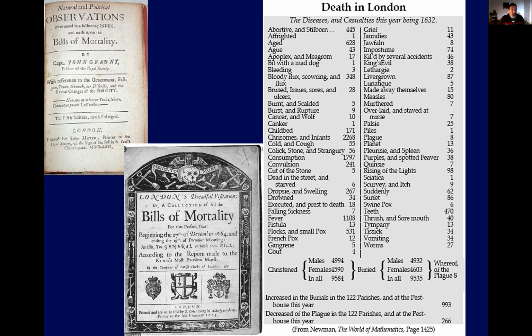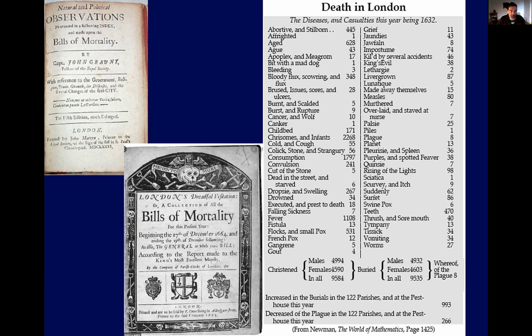So just to give you a sense of how this worked, each parish would routinely post bills, written details on the number of people who were born and the number of people who died in the parish. And these bills would be gathered and compiled. The data would be summarized here in a statistical fashion, right?